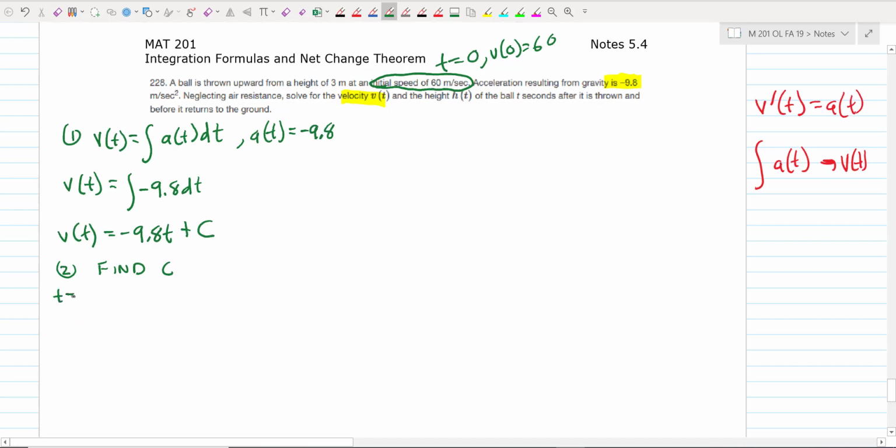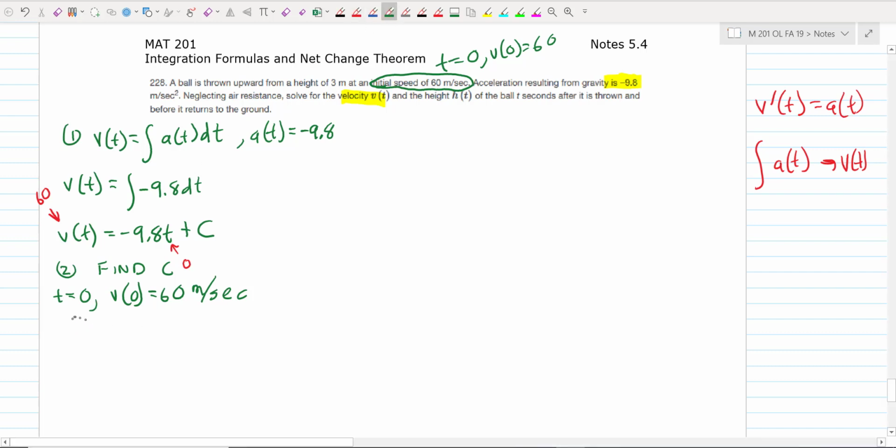So t equals 0, v of 0, the velocity at 0 seconds is 60 meters per second. All of that can be plugged in now. I'm just going to plug in the 60 for v, and the t would be 0. Then you'll have an equation that allows you to find c.